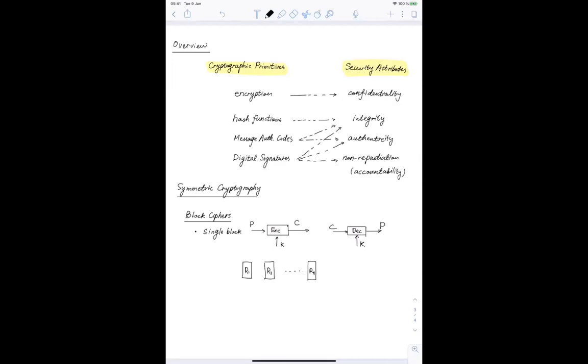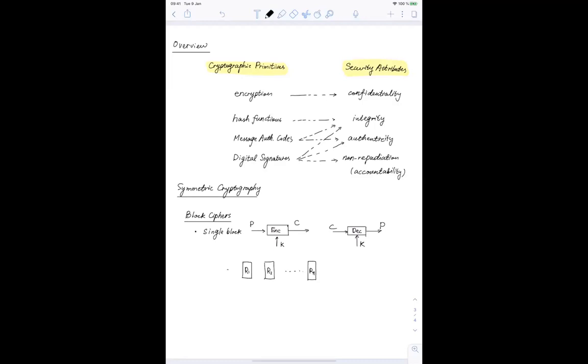And these round functions are relatively weak, but the combination of them can be quite secure after several rounds.